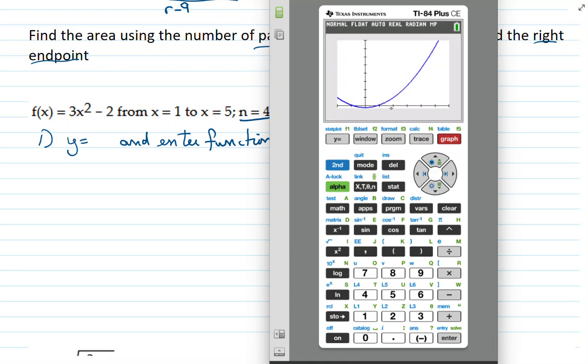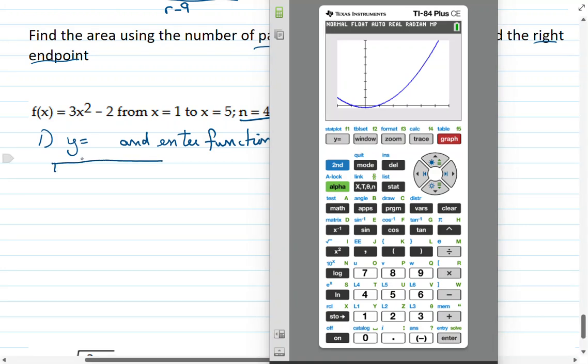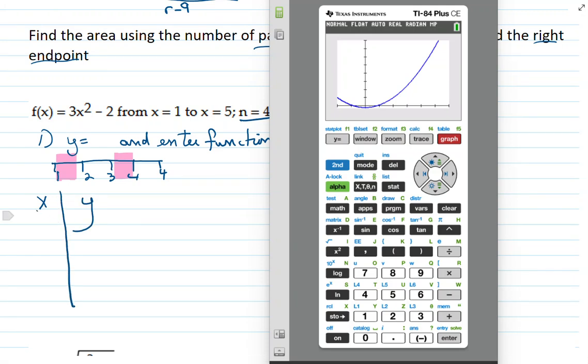Now we're not doing the calculator, we're doing it by the partitions. So what we need, okay, if I have from 1 to 4, this is partition 1, 2, 3, and 4. So I've got 4 partitions. So now all I need to do is do left end and right end. And we're going to use our second calc feature value.